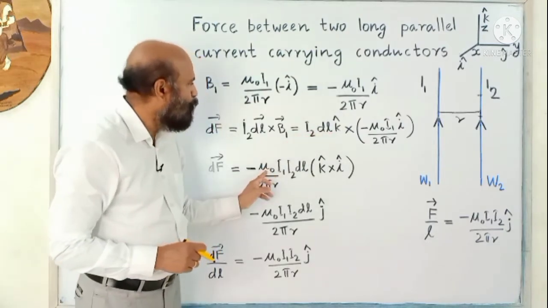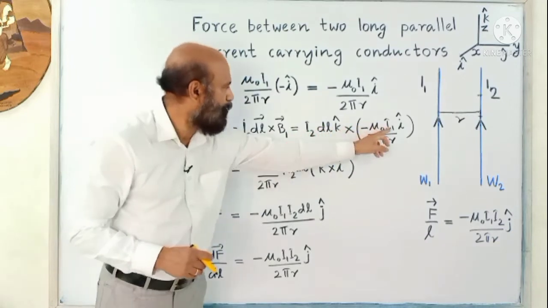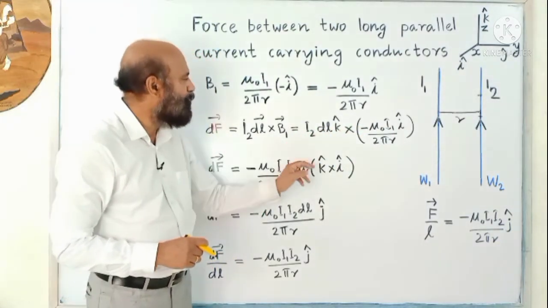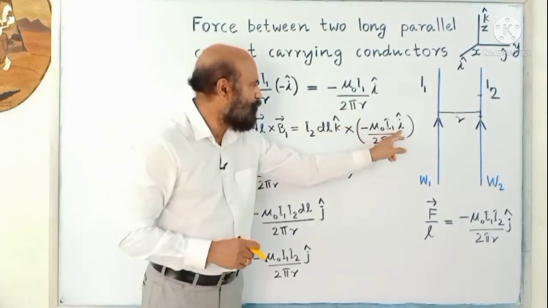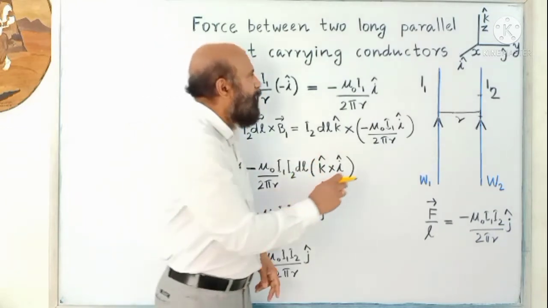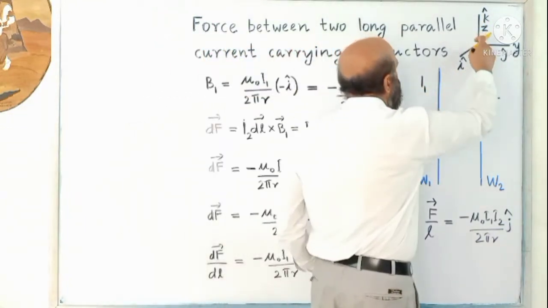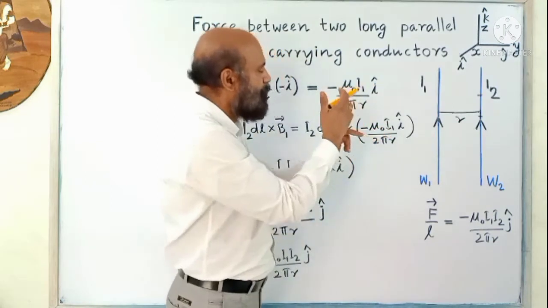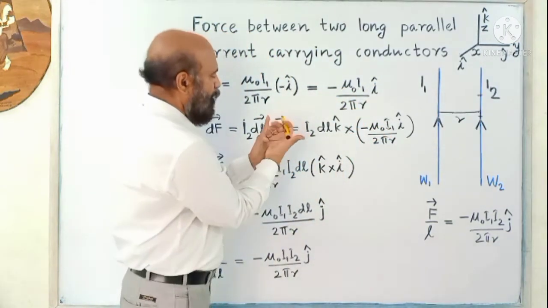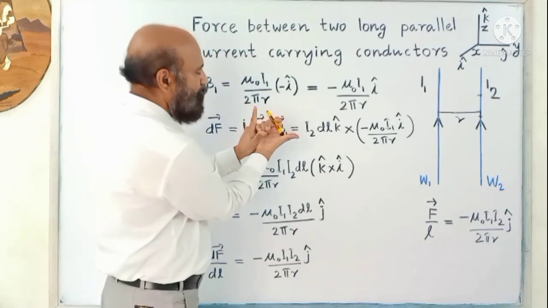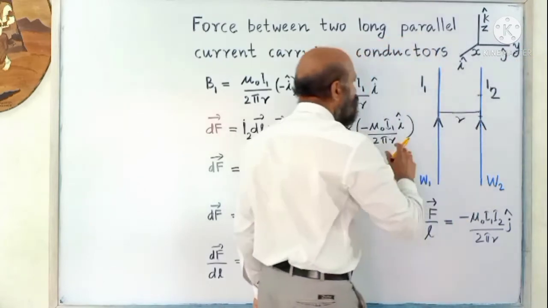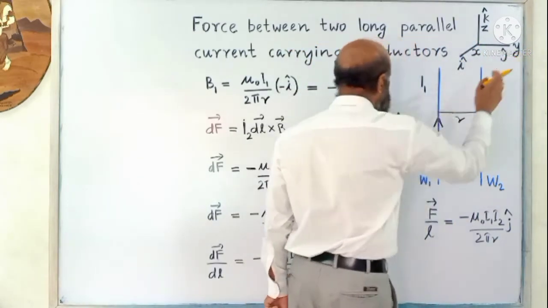Then mu 0 I1 I2 dl divided by 2 pi r, then k vector cross i cap. K is along the z-axis, k cross i. So k cross i is along the y-axis. The unit vector along the y-axis is j cap.